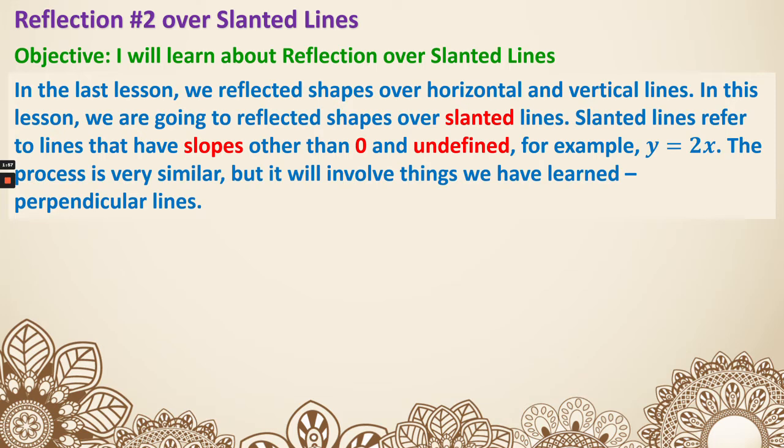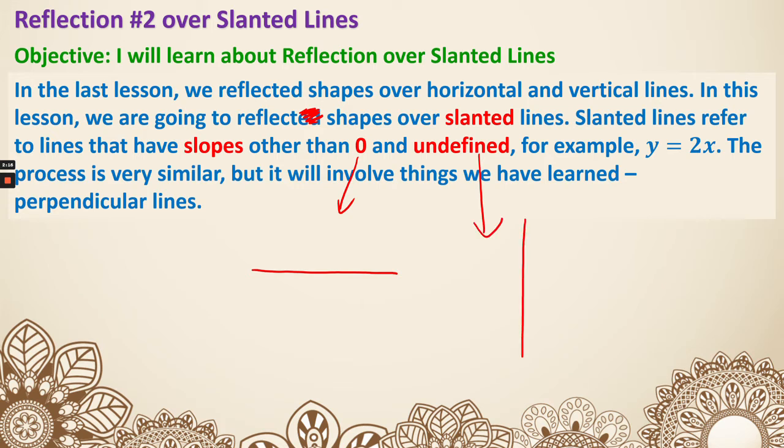In the last lesson, we reflected shapes over horizontal and vertical lines. In this lesson, we are going to reflect shapes over slanted lines. Slanted lines means lines that have a slope other than 0, because a slope of 0 is a horizontal line, and an undefined slope is a vertical line.